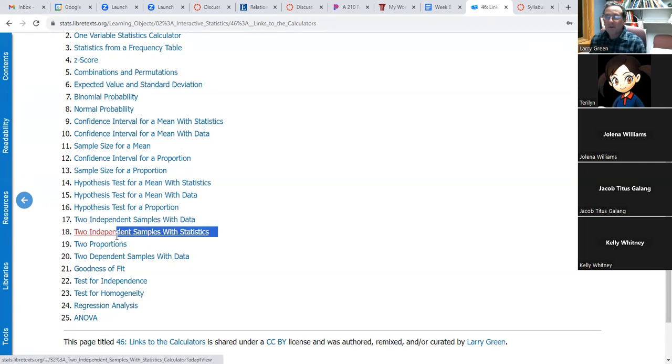Yeah, this is calculator number 18, because we have two independent samples and we have statistics. We don't have data here. We're given a mean and a standard deviation. We're not given the data. Any questions on that?